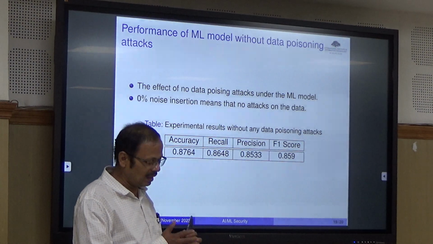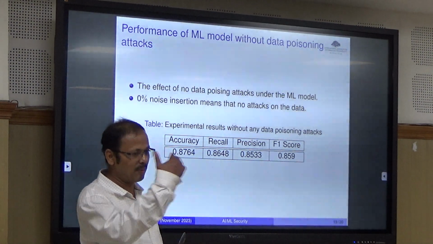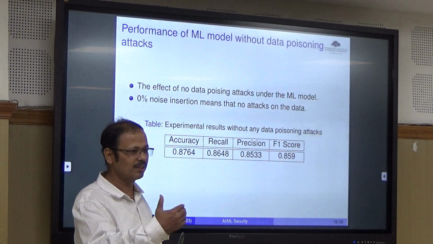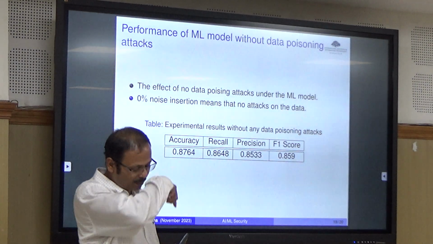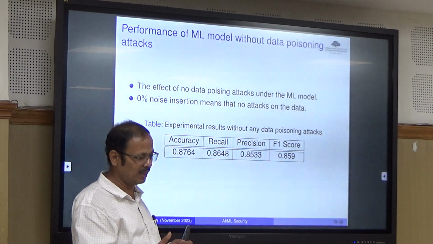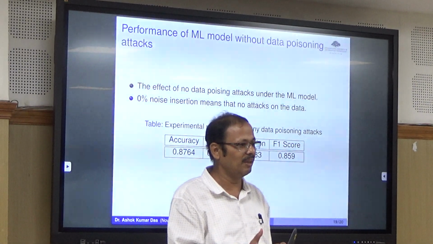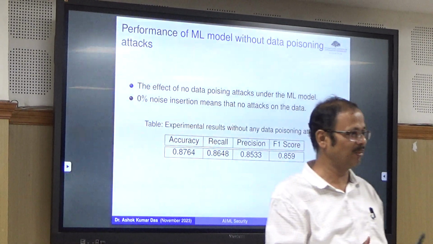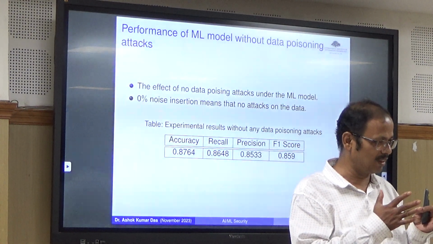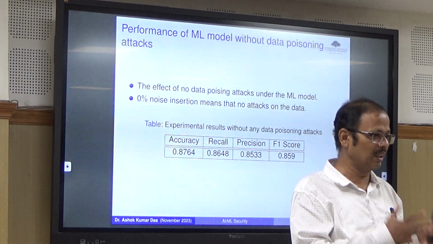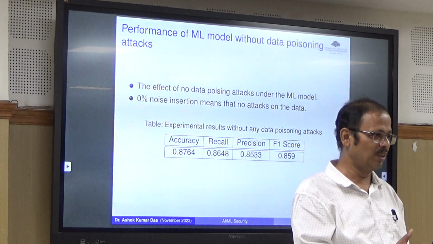But once the data is corrupted, your performance rapidly goes down. That is the impact we have shown in this paper, and why we need security in AI/ML predictions. Secure or authentic data is very much needed for doing the predictions.